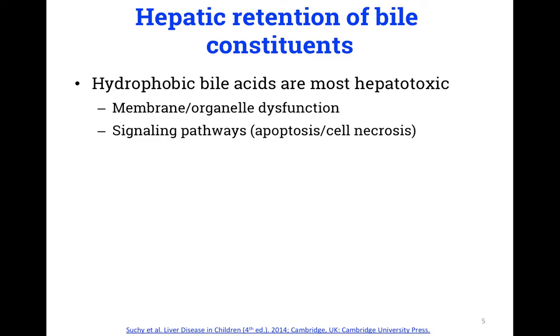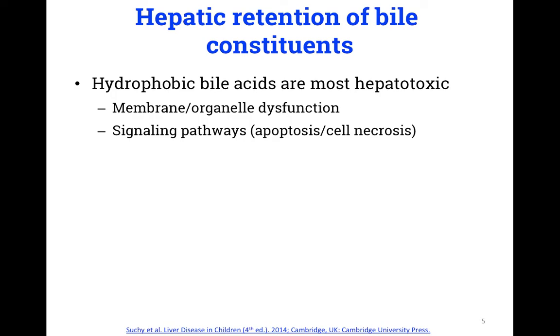So the first thing that we think about is that the constituents of the bile, which as mentioned in the previous screencast include things such as bile acids, bilirubin, cholesterol, and trace elements. All of these constituents, which are not excreted within the bile because of cholestasis, are all retained within the liver, and this hepatic retention can cause problems directly to the liver itself.